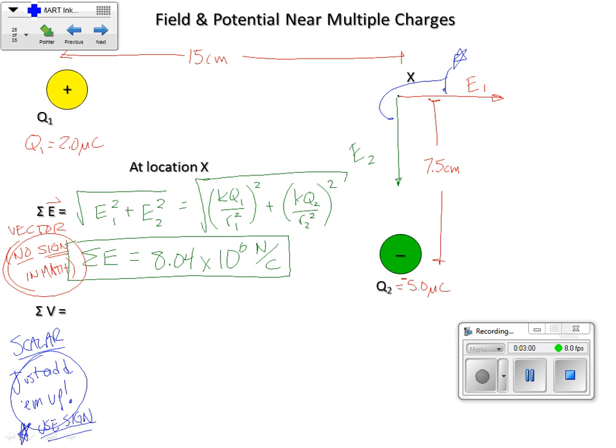The convention I've gotten used to over the years is that when you're dealing with vector quantities like force or electric field, you don't use the sign mathematically. You use it to figure out direction, and then use those directions to figure out net force or net field statements. When you're using scalars like potential or potential energy, you do use the sign of the charge. So here we just do literally kQ1 over R1 plus kQ2 over R2.